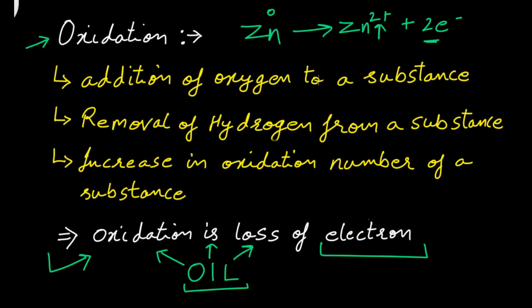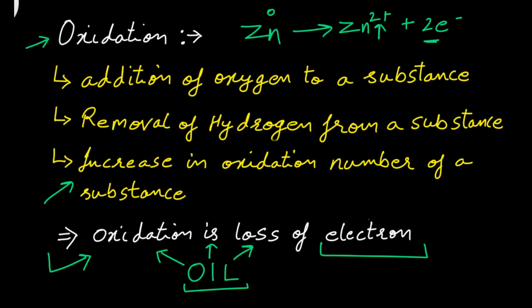So the oxidation state is also increasing. So this definition will also work: increase in oxidation number of a substance. So since oxidation number is increasing, zinc is undergoing oxidation, right? So this will be the definition for oxidation. Remember, since these are the definitions for oxidation, the definitions of reduction will be exactly opposite to these 4 definitions.